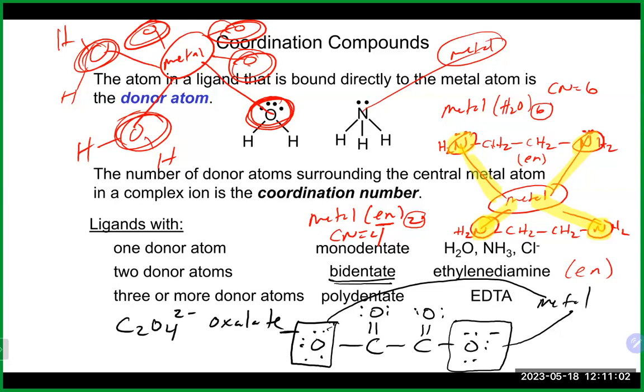And that's why, as we'll see in a second, EDTA and some of these guys that can bind in multiple places are sometimes used as chelating agents for metals, because they gobble them up. And sometimes on ingredient labels, you can see something that says EDTA because it's used to gobble up some metals.